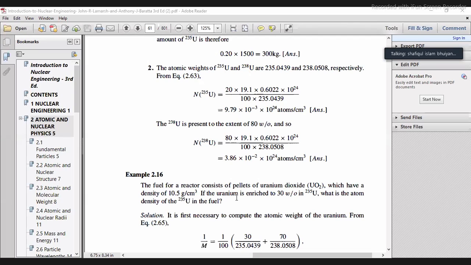So let's go in steps. The first step is to compute the atomic weight of the uranium.